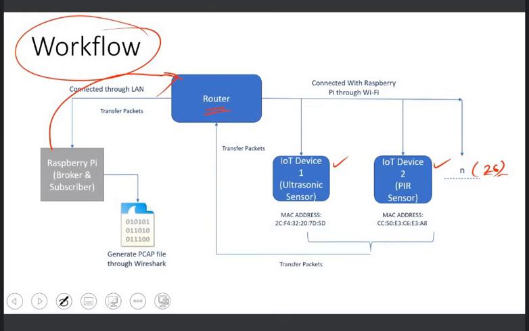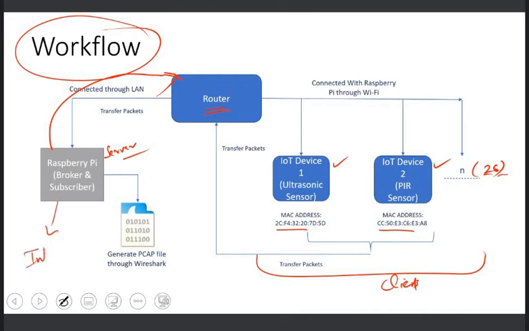These are all our clients, and this is the server. Each device has a separate MAC ID. They are sending data to the server, and the server is sending to the internet. In between the communication, we are taking a dump or PCAP file.